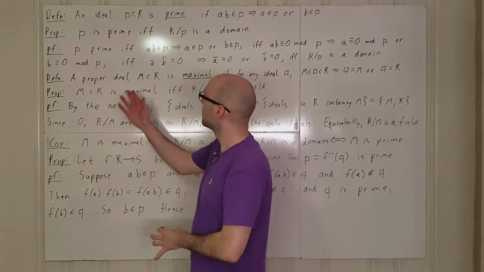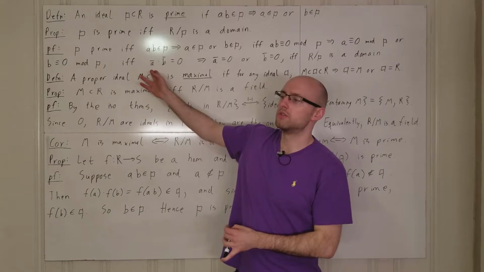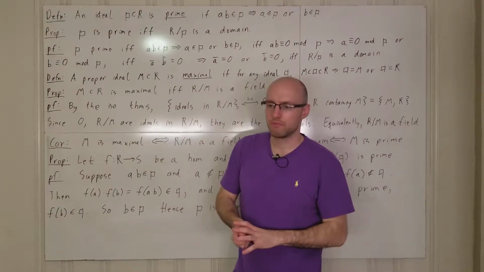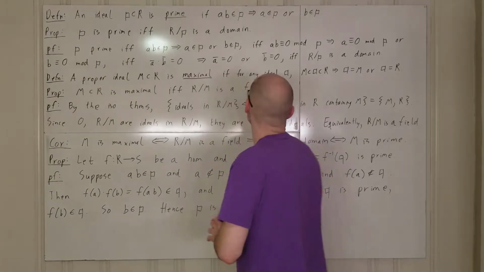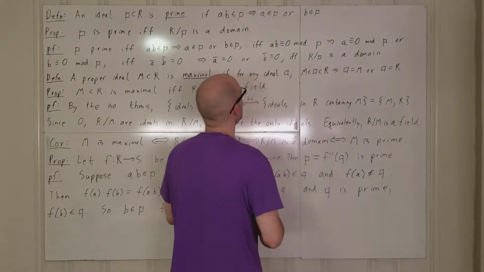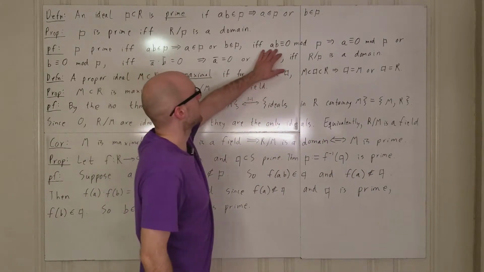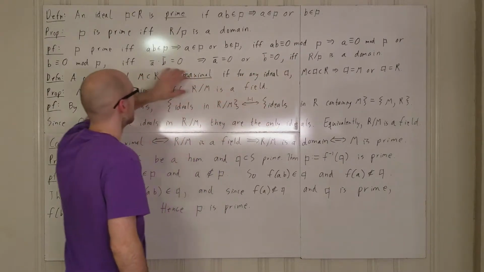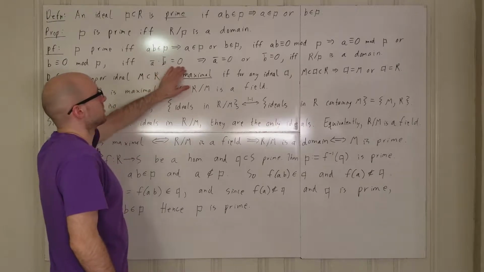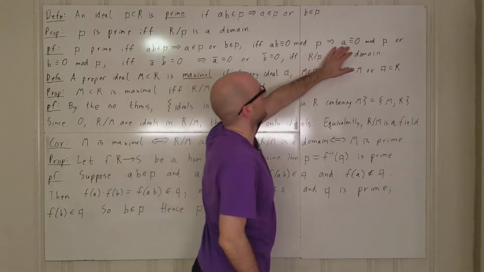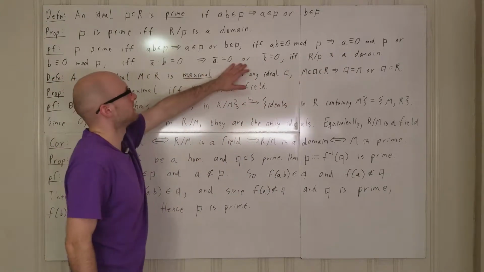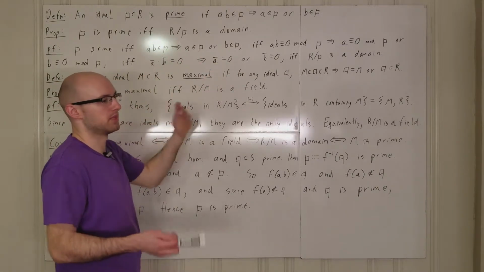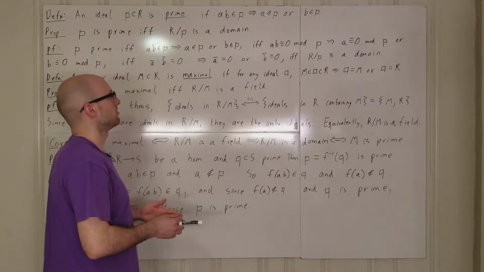So A bar will denote the element we get by quotienting the ring by P. So instead of saying AB congruent to 0 mod P, we just say that the product in the quotient is equal to 0. This will imply that either A is equal to 0 or B is equal to 0. And of course, these all have bars over them because they're in the quotient.